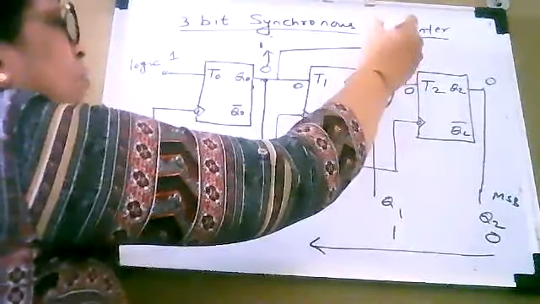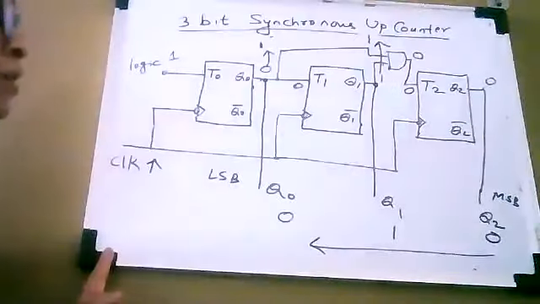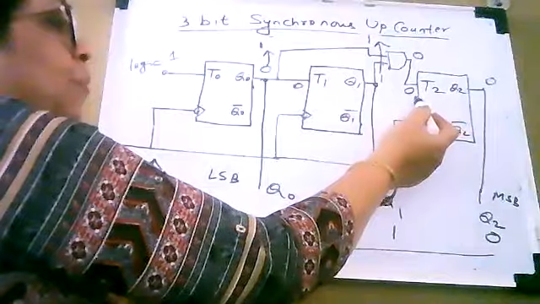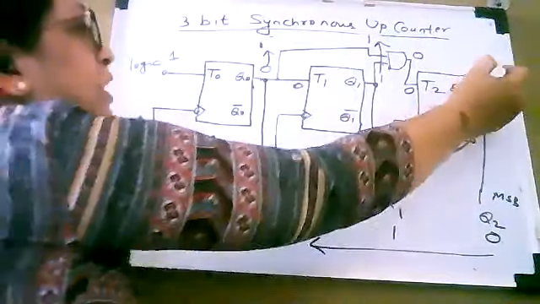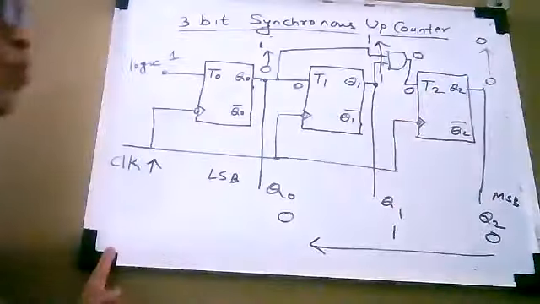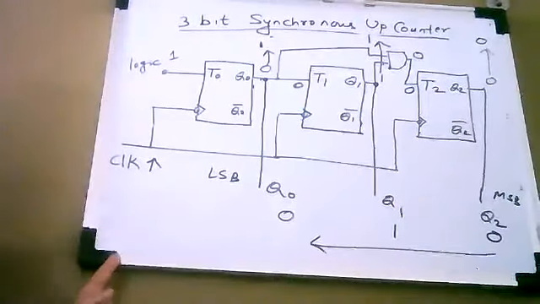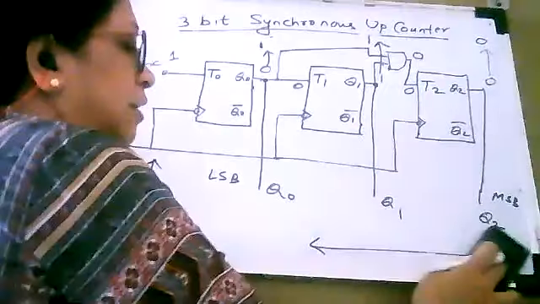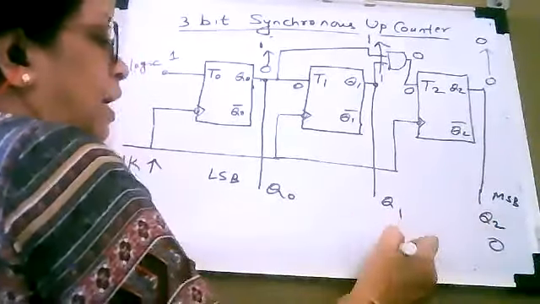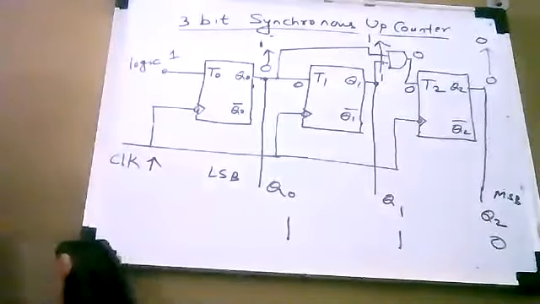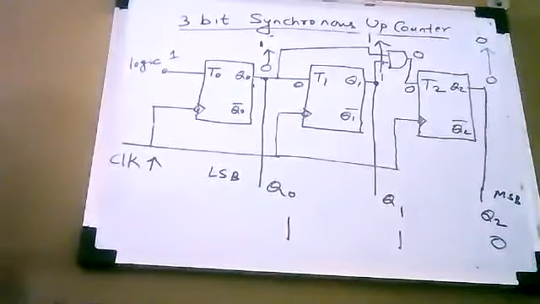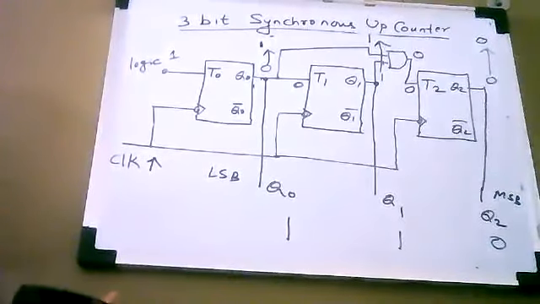It will remain the same, which was 1 earlier, it will remain 1. Even the input of the third flip-flop is 0, therefore it is not going to change the state, and its output will remain 0. So now the new outputs are 0, 1, and 1. This is the third count of your counter.